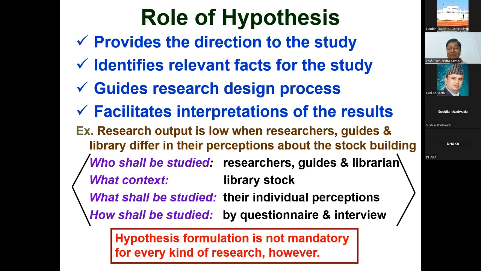Now, who shall be studied? Researchers, guides, and librarians. What context? Library stock. What shall be studied? Their individual perceptions. How shall it be studied? By questionnaire and interview. So here, hypothesis formulation is not mandatory for every kind of research.